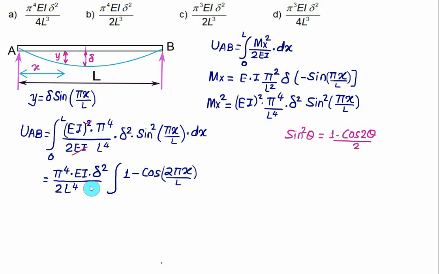So that 2 I will adjust outside, integral is 0 to L, and this entire term you have to integrate with respect to dx. So a slightly complicated solution now.